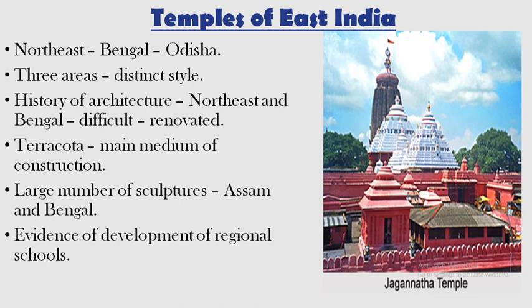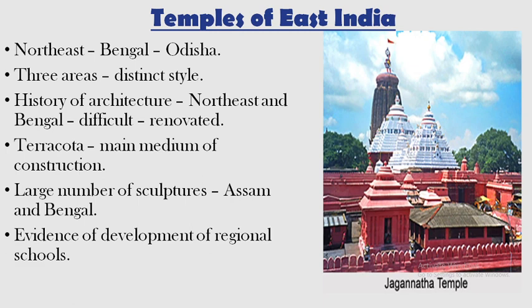The history of architecture in the northeast and Bengal is very hard to study because a number of ancient buildings in those regions were renovated, and what survives now is the later brick or concrete temples at those sites.